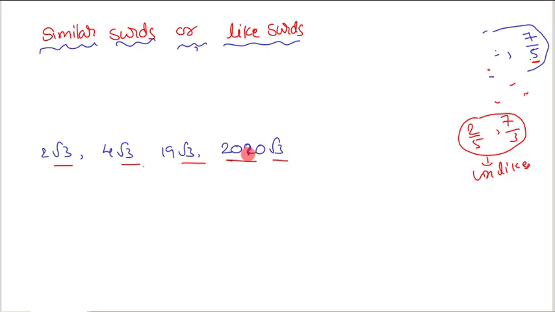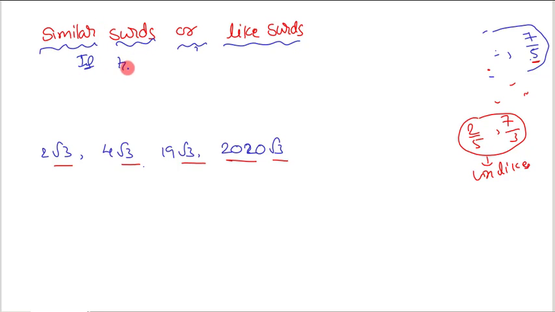Okay, is it clear now? If they are different multiples of the same simple surd, then those surds are said to be similar surds or like surds. Okay, let me write the definition of similar surds.